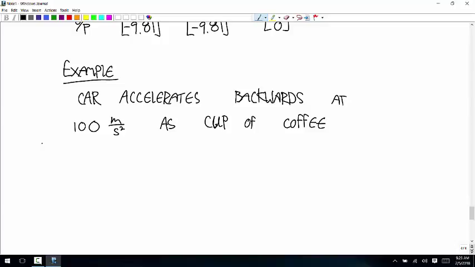Right, big deceleration. Because it's moving forward and accelerating backwards, so it's slowing down. You're thinking of velocities, but these are accelerations.